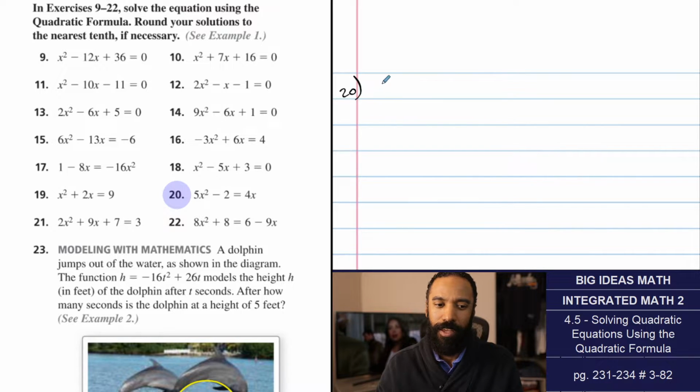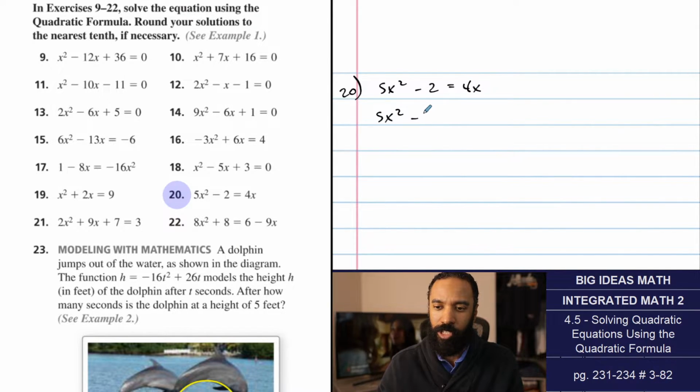Number 20, 5x squared minus 2 equals 4x. Let's subtract 4x over. 5x squared minus 4x minus 2 equals 0.